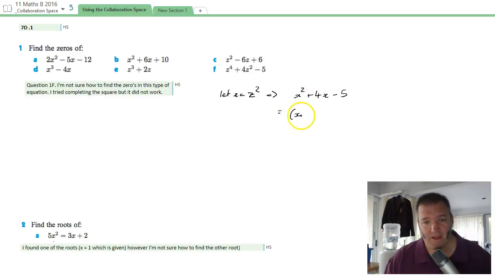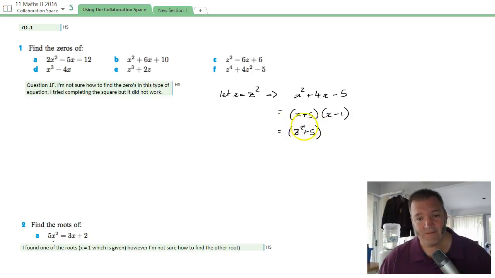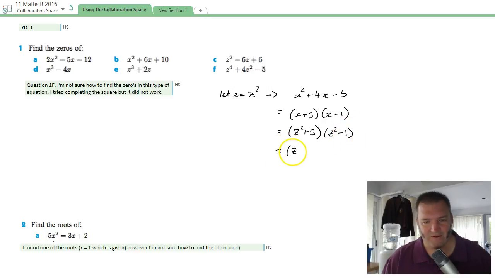This would be x plus 5, x minus 1, which of course we can now replace the z squared back in. And get z squared plus 5. In our real number system, that's not going to factorize, is it? So that's okay. And here we've got z squared minus 1. Of course, that's our favourite rule in maths, so we get a little bit excited. Z squared plus 5 isn't going to factor, but then I've got z plus 1, z minus 1.